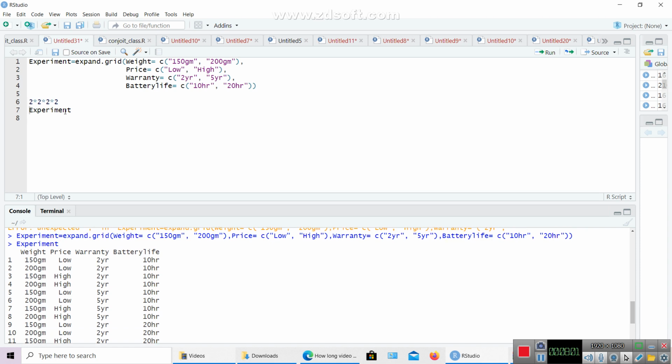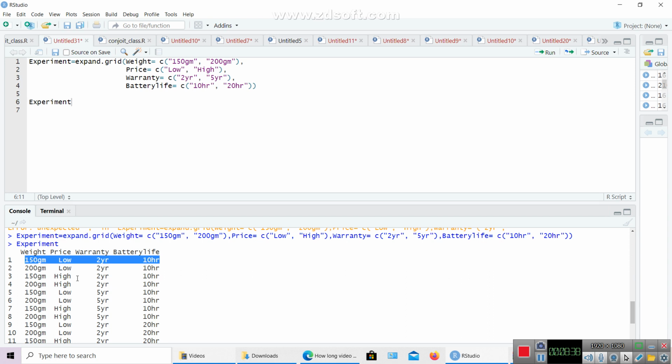Now, what are these profiles? Suppose I want to ask a customer about his view on a phone which has 150 gram weight, low price, 2-year warranty, and 10 hours battery life. The respondent can weigh various levels of each attribute, and based on his perception he can rate this mobile phone which is in profile 1, or he can rank it, or he can assign a score.